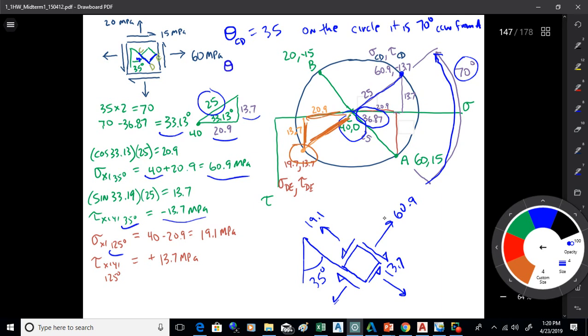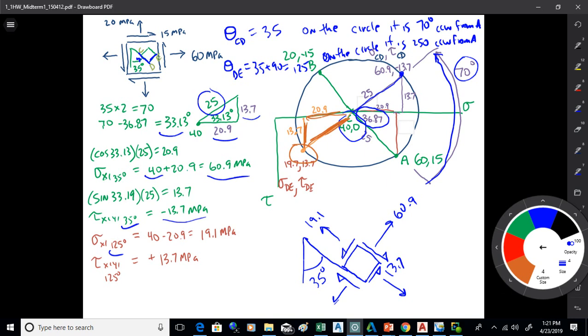So theta DE is 35 plus 90 more, it's 125. On the circle, it is twice 125, 250 counterclockwise from A. It's 180 more than the 70.